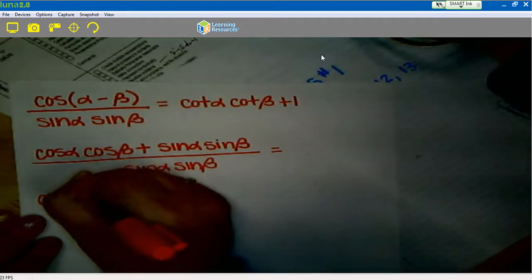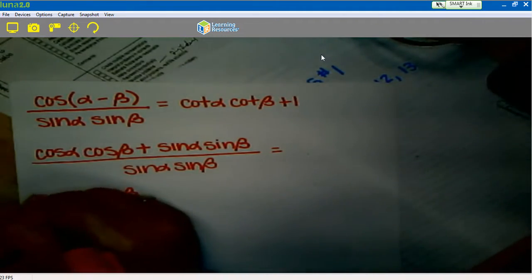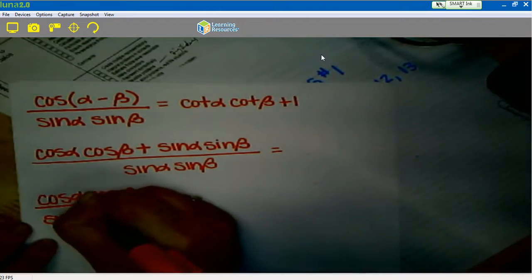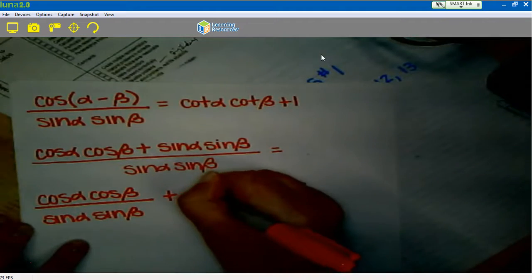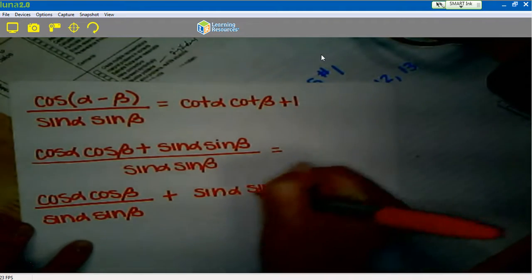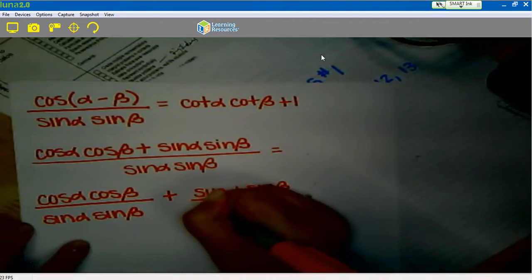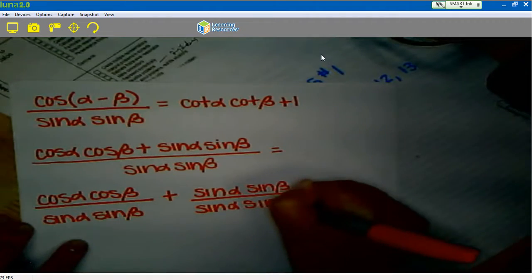So cosine alpha cosine beta over sine alpha sine beta plus sine alpha sine beta over sine alpha sine beta.